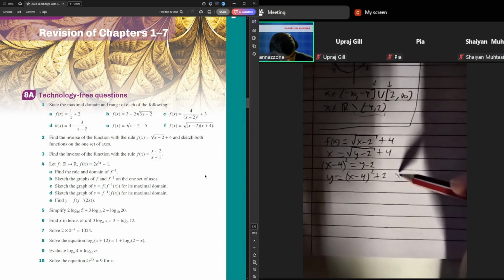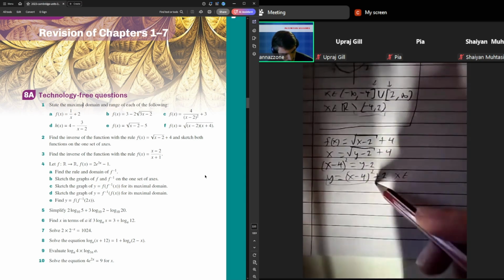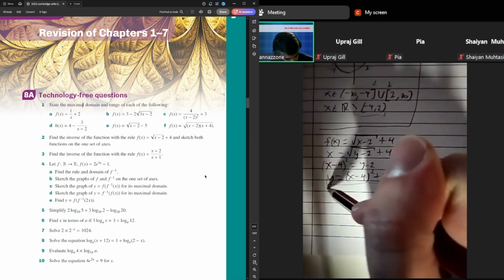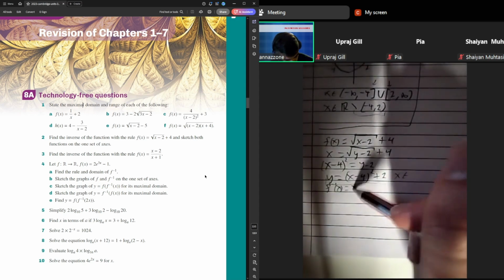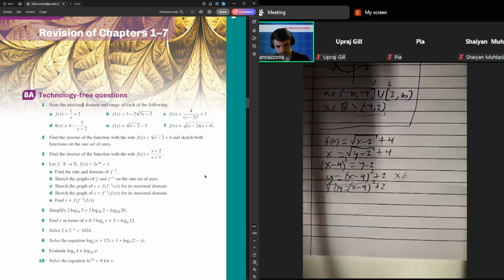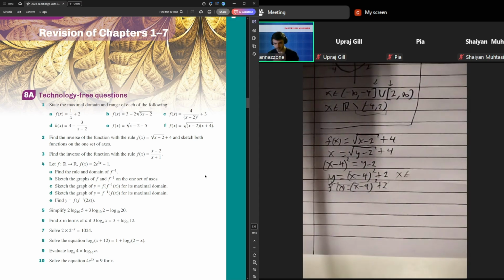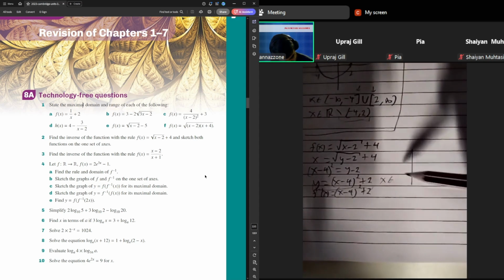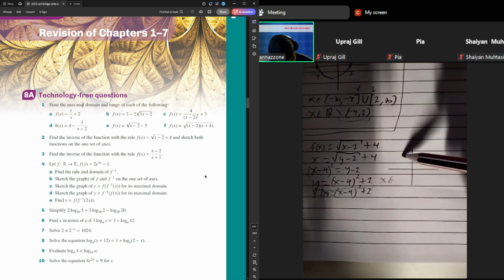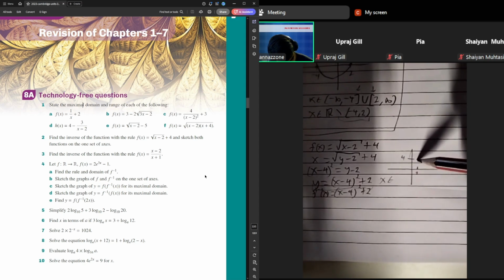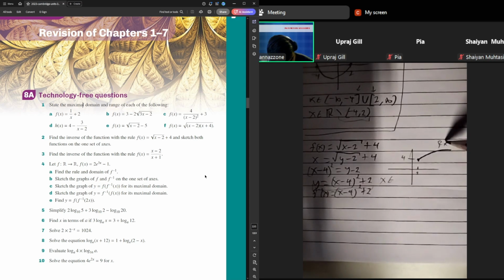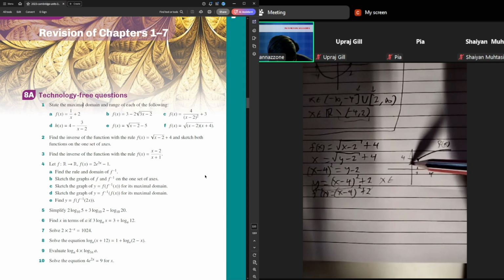So, any thoughts on how we can find the domain of this function? While you think about that, I'll be drawing a little picture to hopefully help out.